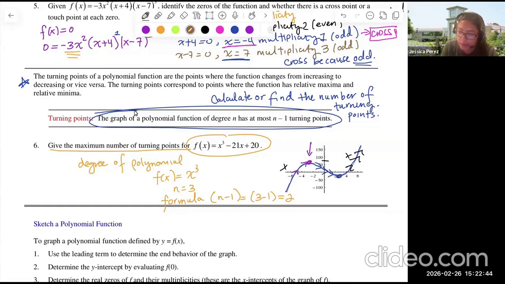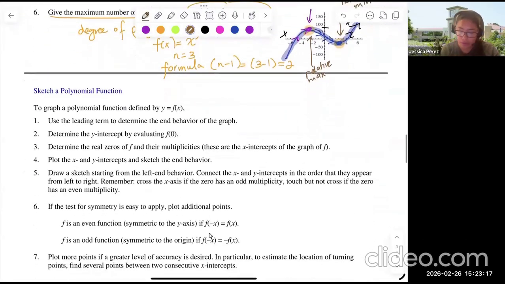That means that I will have 2 turning points, up, down, down, up. So I have a relative maximum and a relative minimum. So there's my relative maximum and relative minimum. That reflects those at most n minus 1 turning points.